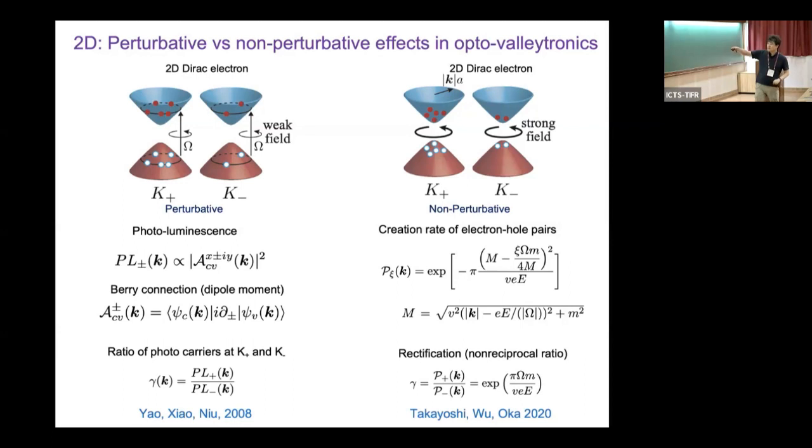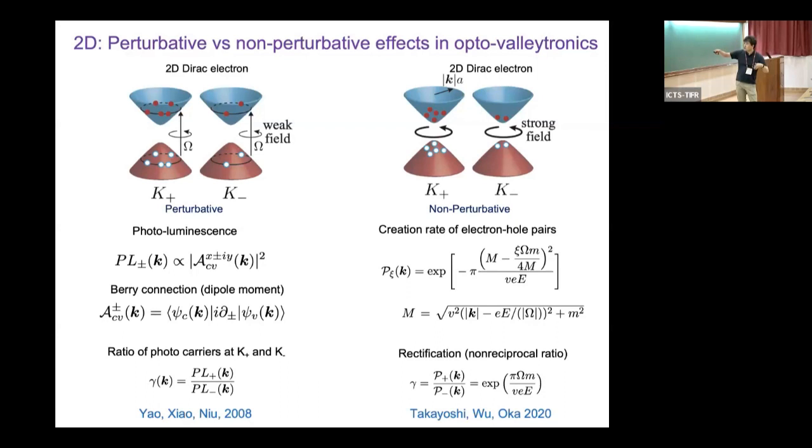K and K prime have different chirality. You can excite more carriers in one valley under a certain circularly polarized laser light. So I have more dots here than here, so more excitation here. And this is called the valley-selective excitation, and the difference is basically given by the square of this Berry connection, which is different between the K and K prime points.